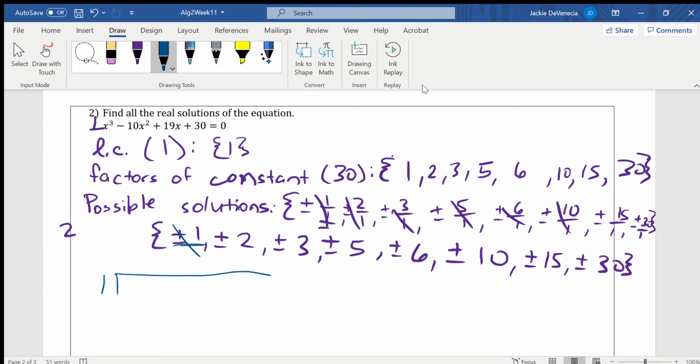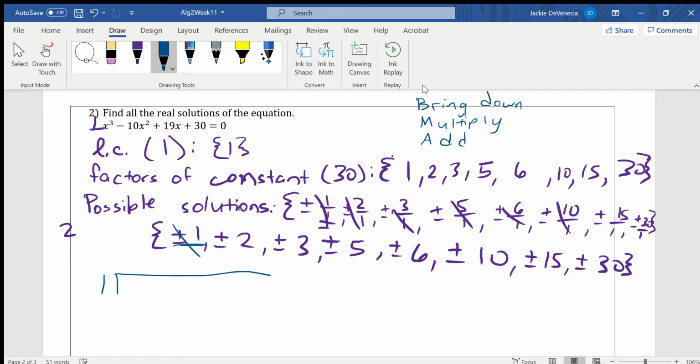The steps of synthetic division, if you don't remember, are essentially bring down, multiply, add. If you want to be cute in remembering it, you can remember it as bring more apples. But you're still bringing down, multiplying, and adding.